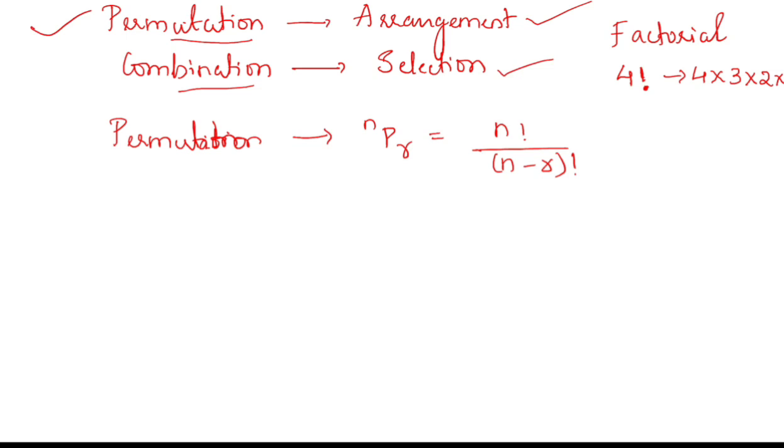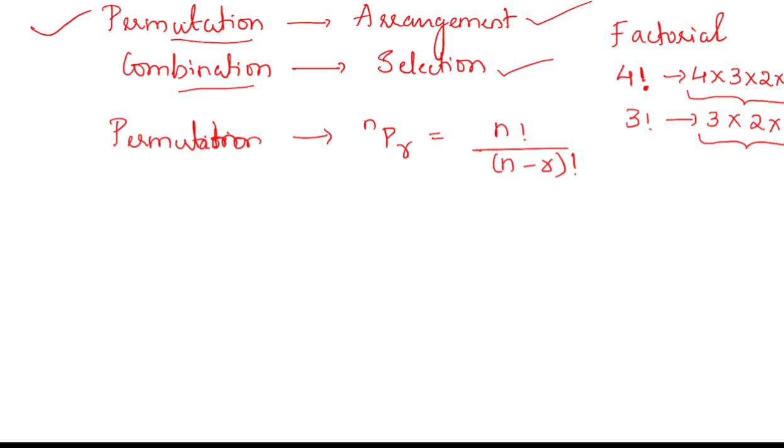In descending order you go on multiplying the numbers till it reaches 1. For example, 3 factorial means 3 into 2 into 1.